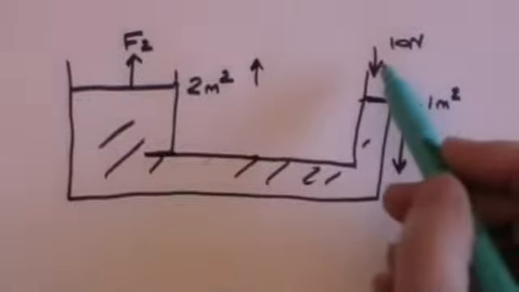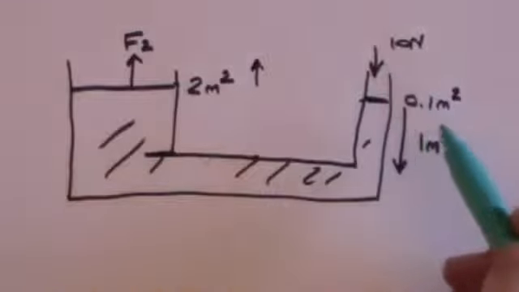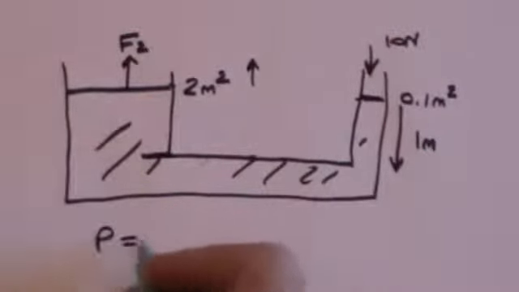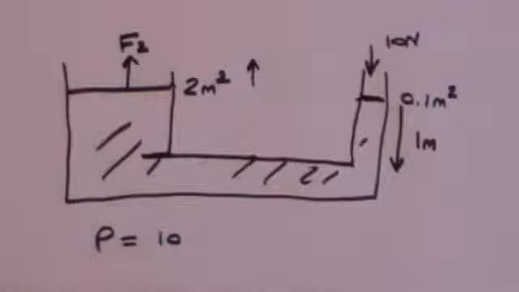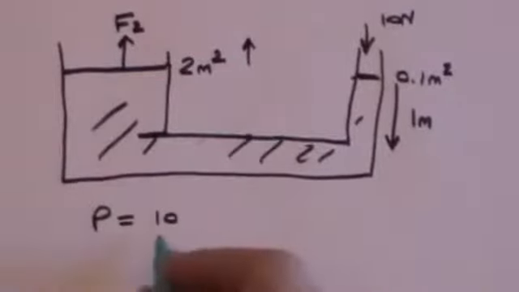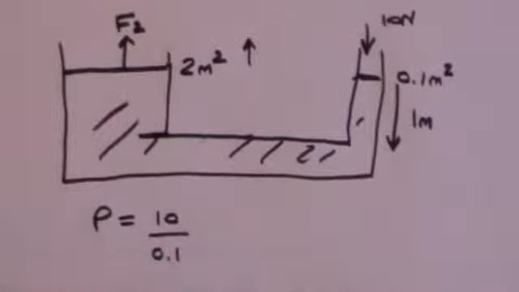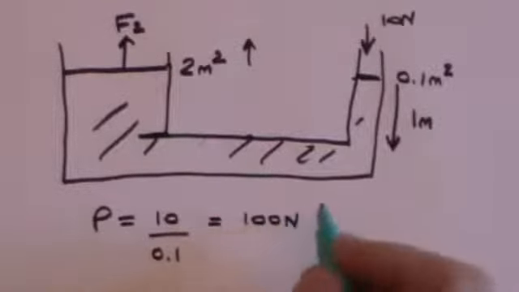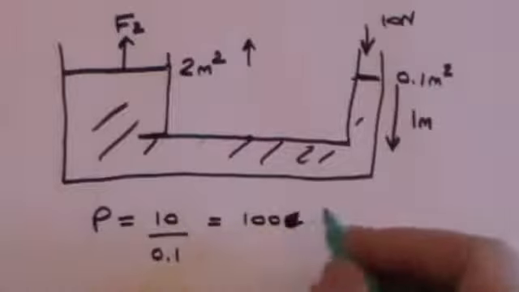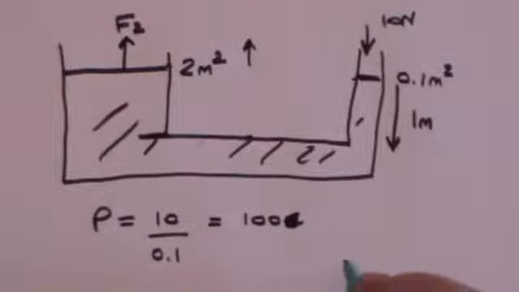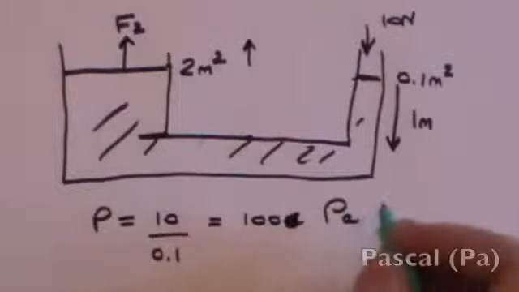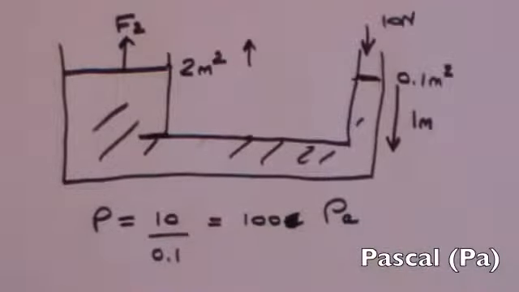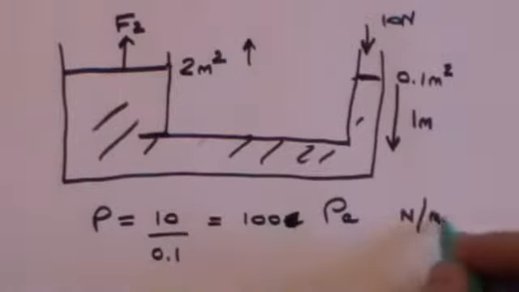Well, the first thing we need to do is to find out what F2 is. We know that the pressure is force over area, so the pressure is going to be force, which is 10 newtons, divided by area, which is 0.1 meters squared, and that's going to be 100. Sorry, 100, not newtons. The unit of pressure is called pascal, or if you like, newtons per square meter.